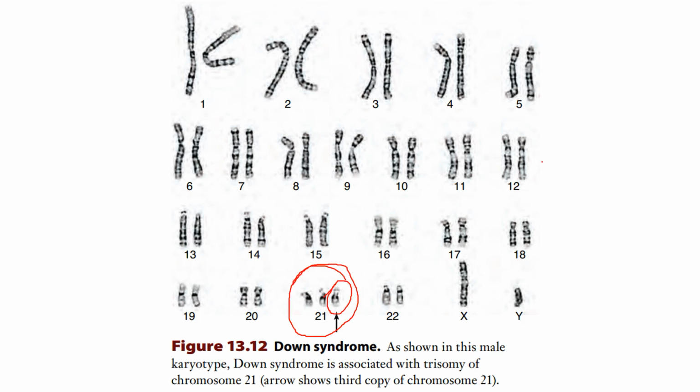So this will be 2n plus 1, right? Because it has an extra chromosome on chromosome 21. Yes, an extra copy of a chromosome on chromosome 21.